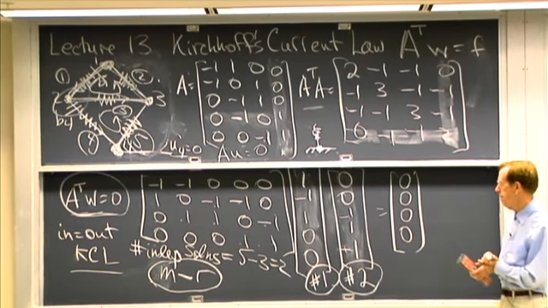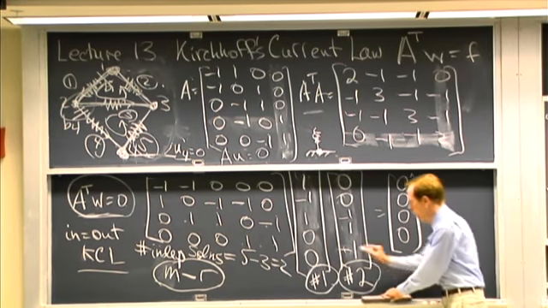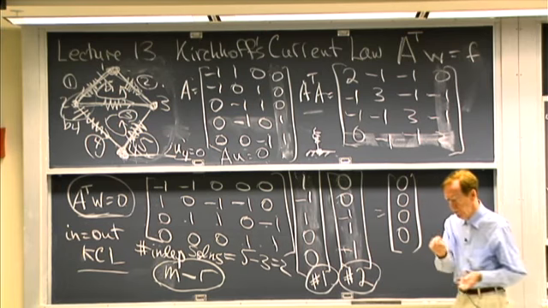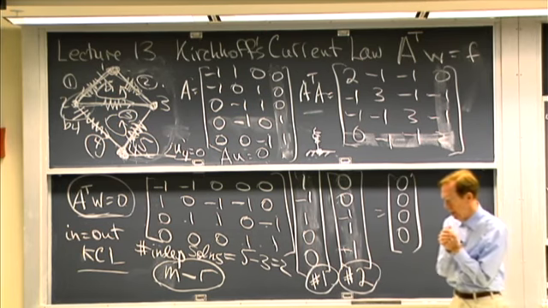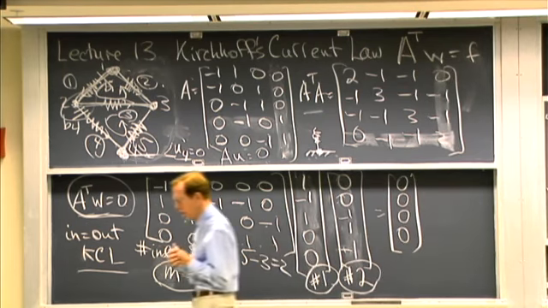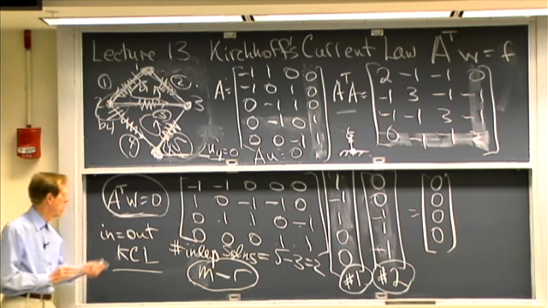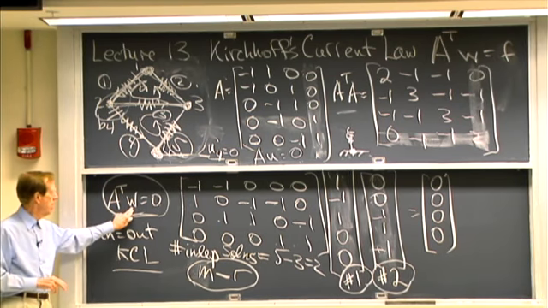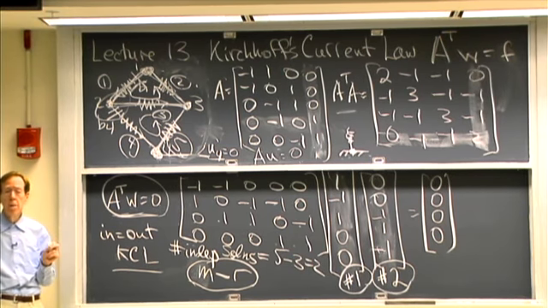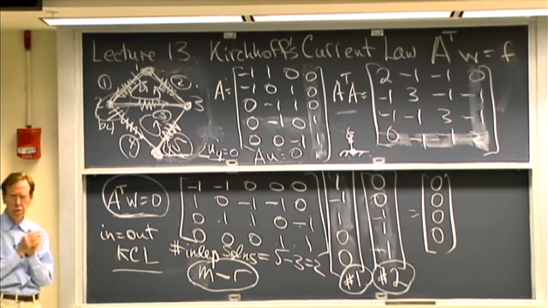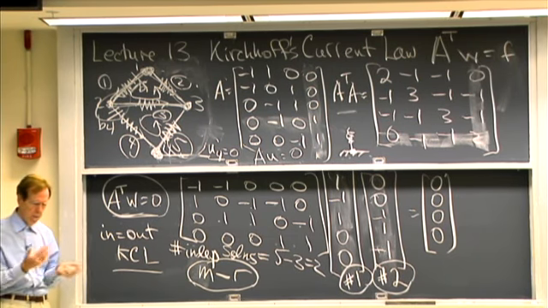Okay. Now, tell me what all the solutions are. I found two particular solutions, two particular loop currents, particularly easy. What would be all the solutions to Kirchhoff's current law, A transpose W equals 0? Every W now, since I found the right number, every W will be a combination of those two. Well, wait a minute. Have I got them all?